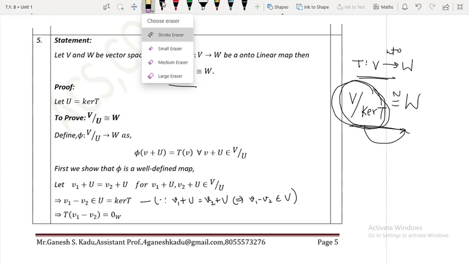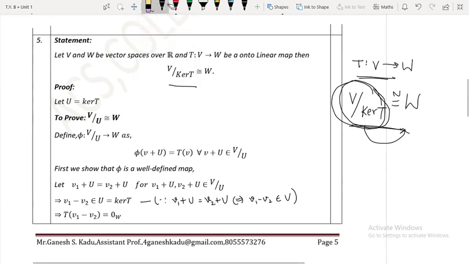Okay, suppose your T is not onto, then in that case what? In that case the first isomorphism theorem can still be applied, but there will be a slight change.